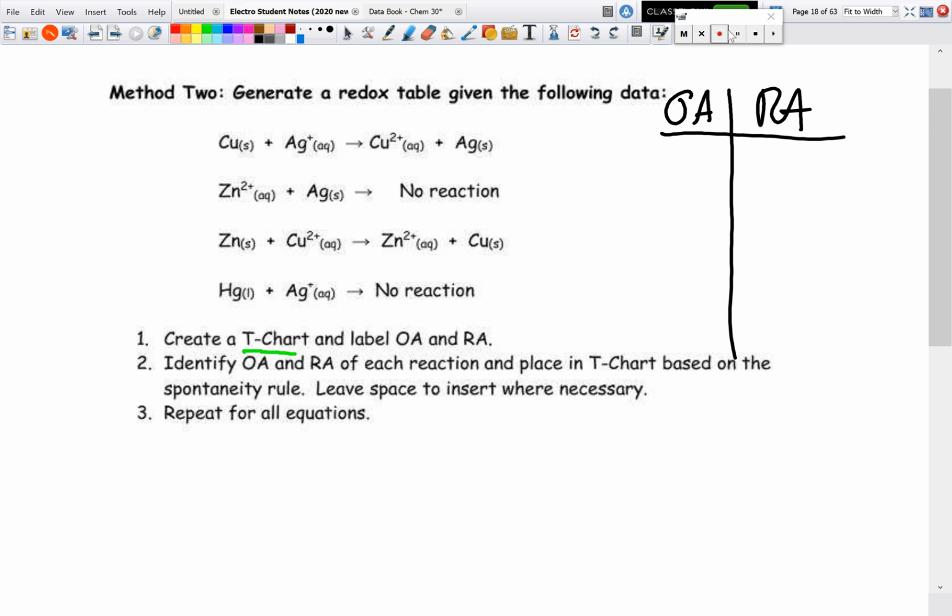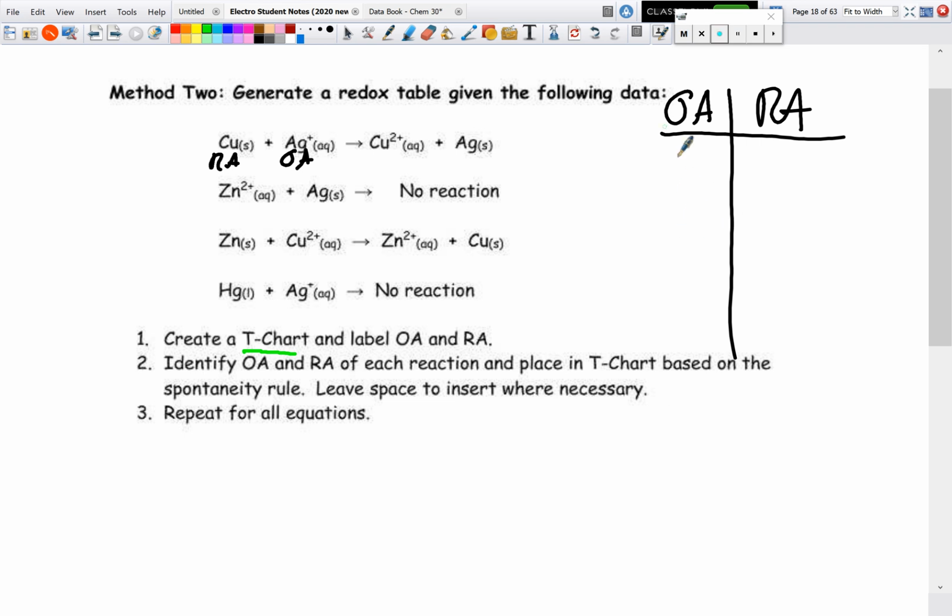So for example, let's look at the first one where we have copper plus silver and we have a reaction. Now, by looking at this, I can tell copper is getting oxidized, so that means Cu solid is my reducing agent, and Ag plus makes this my oxidizing agent. Now, because this is a spontaneous reaction, that must mean my oxidizing agent is above my reducing agent on my table.